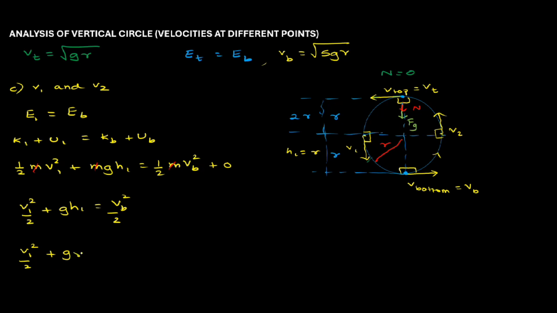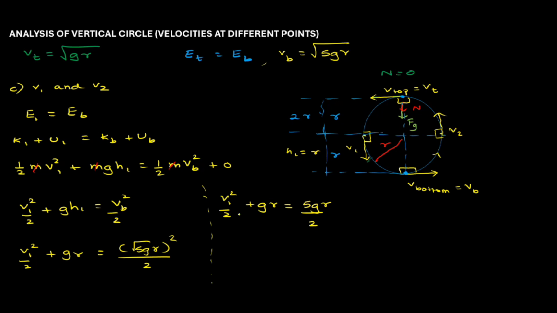So g times r equals vb, which is square root 5gr, squared by 2. Solving this, we get v1 squared by 2 plus g times r equals, when you take the square of the square root, you can remove the square root sign and write this as 5gr by 2.